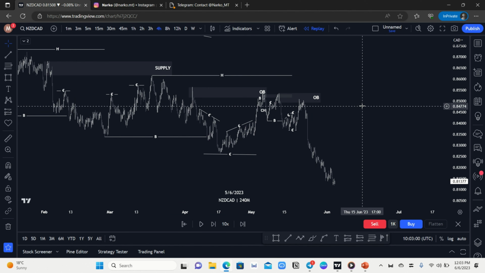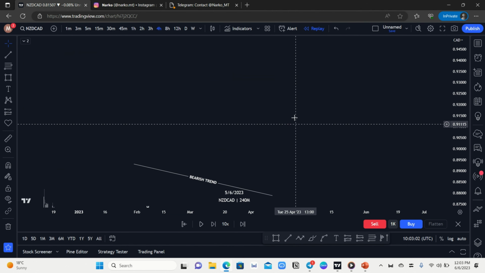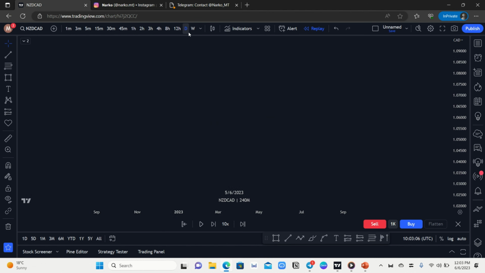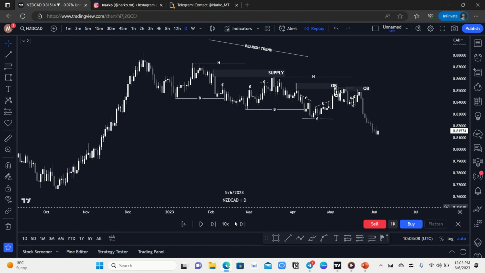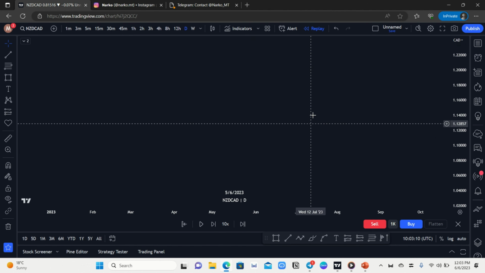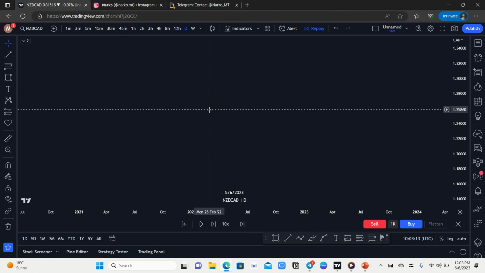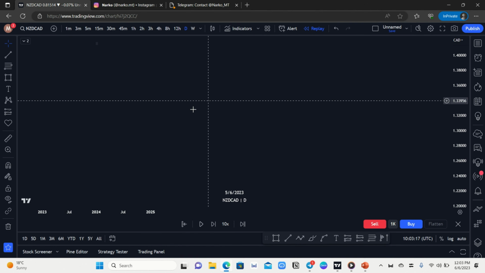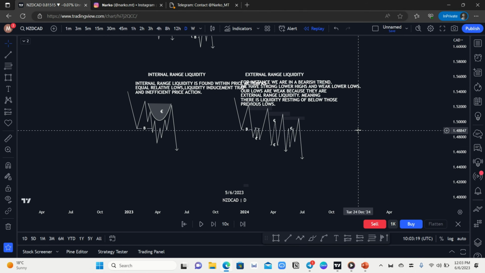Just a recap: external range liquidity and internal range liquidity. Let me just go back to those definitions.